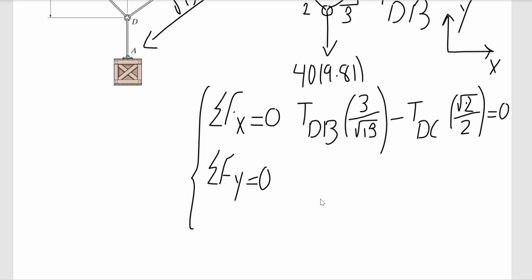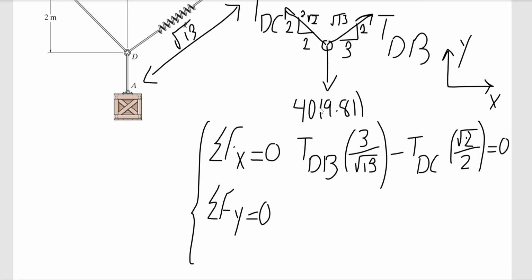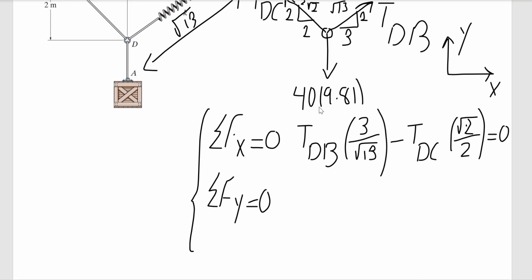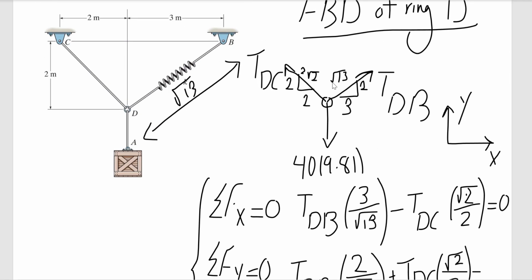Second equation, summation of forces in y direction equals 0. And in y direction, I have 3 components. Here in x direction, I had 2 components. This force did not have any component in x, but in y, all my forces are going to have a component as well. TdB, this time 2 over square root of 13, plus TdC square root of 2 over 2, minus, so in y, these 2 forces are going to have a positive component, and then my weight is going to have a negative component.